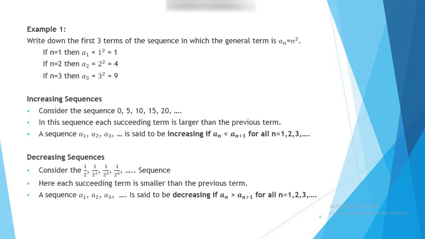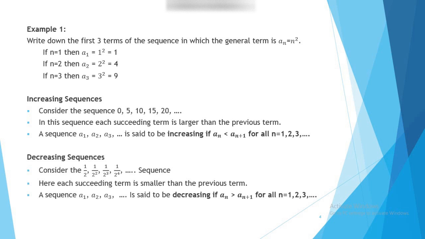Decreasing sequences. Consider the sequence 1/2, 1/2 squared, 1/2 cubed, 1/2 to the power 4, and so on. Here each succeeding term is smaller than the previous term. If you notice, 1/2 squared is smaller than 1/2.